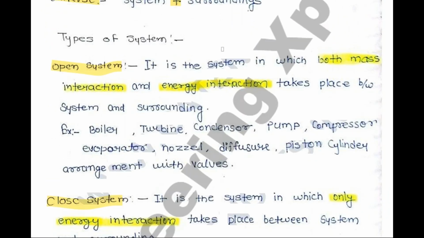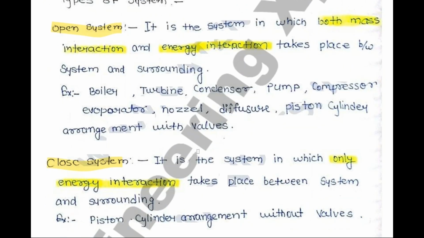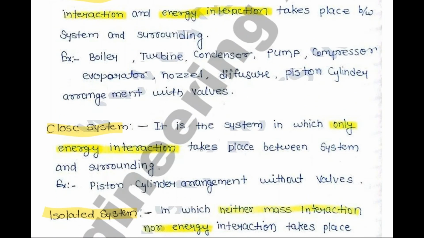And now let's discuss the types of system. One is open system and another is closed system. In an open system both mass and energy interaction takes place, like there is exchange of mass and energy between the system and the surrounding, like boiler, turbine, condenser, pump, etc. And a closed system is a system where only the energy interaction takes place, not the mass, because it is closed.